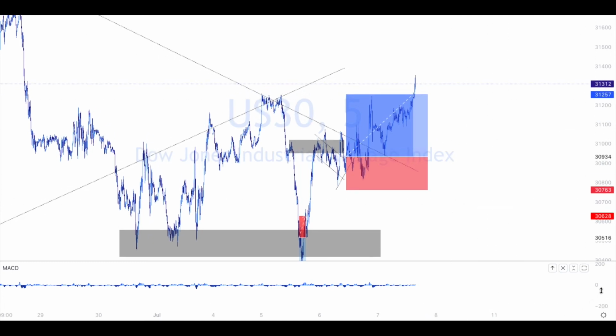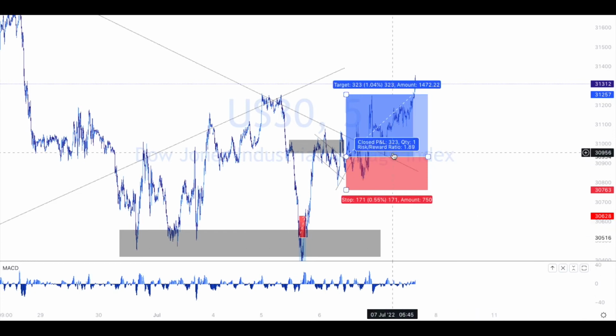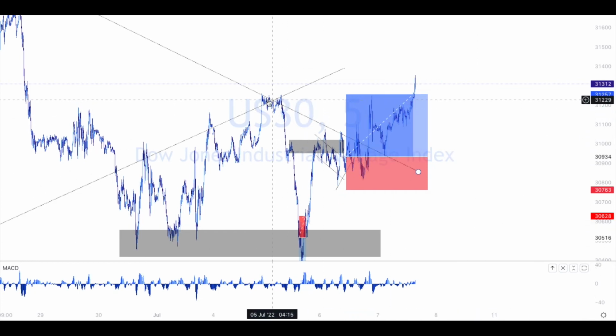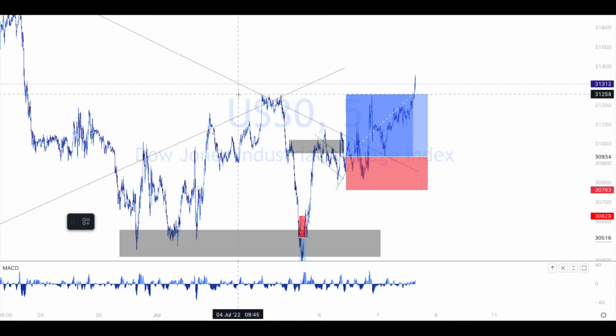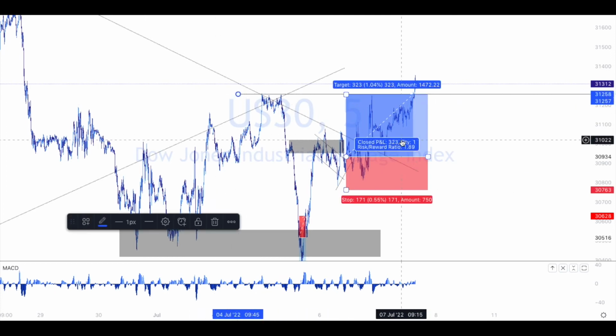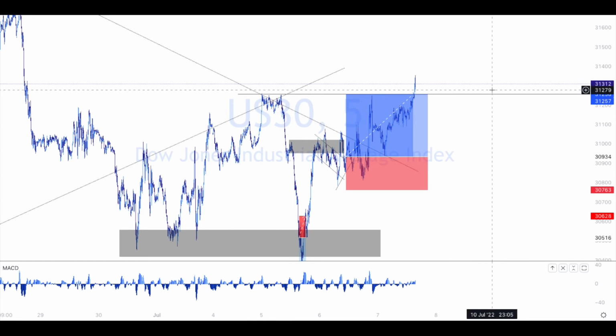And what I'm going to do here is mark out levels that I think could be of interest to us later down the line. So it's hit TP, so we're going to recognize this level over here, the TP level.